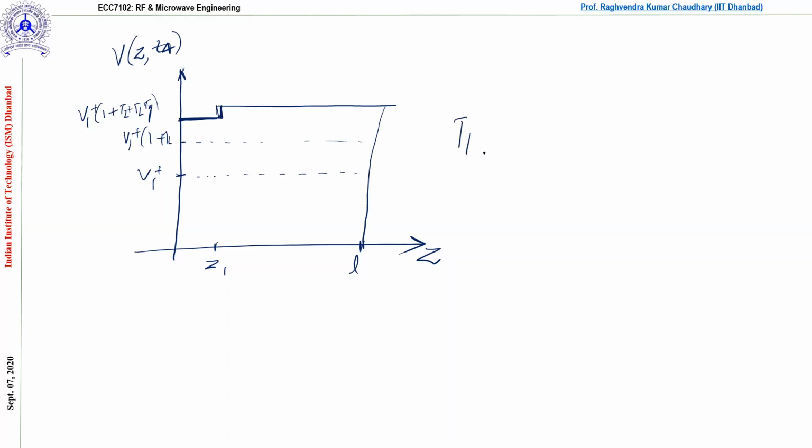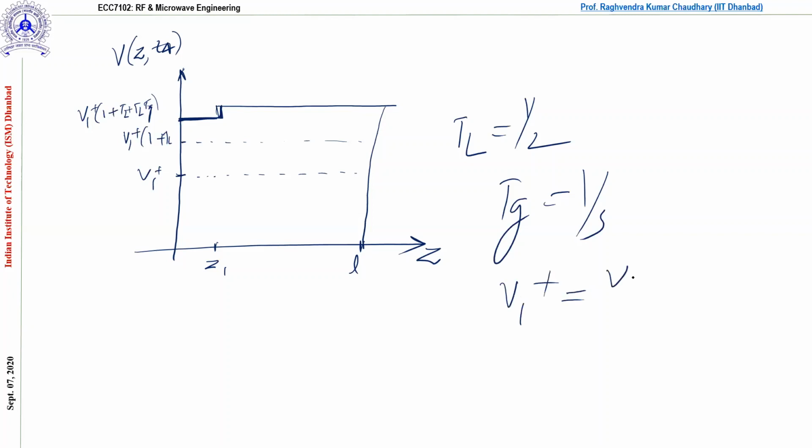Here gamma L is 1 by 2 and gamma G is 1 by 3, as per the previous discussion we made in the last class. If you remember, V1 plus is equal to V0 by 3. Fine. So now we have the ability here. What ability do we have? We can find the voltage distribution at any specific time or at any specific location.